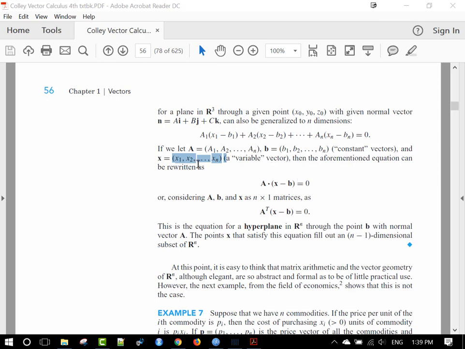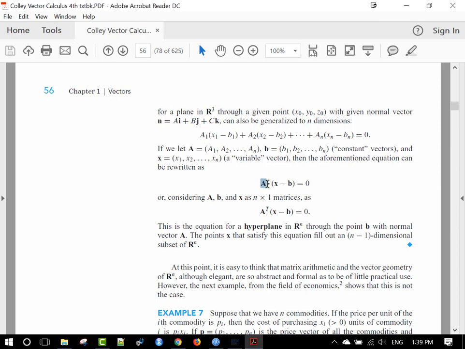So we take x minus b, which gives us each one of these terms, times the a's here. Now we can think of all of these as n by 1 matrices.